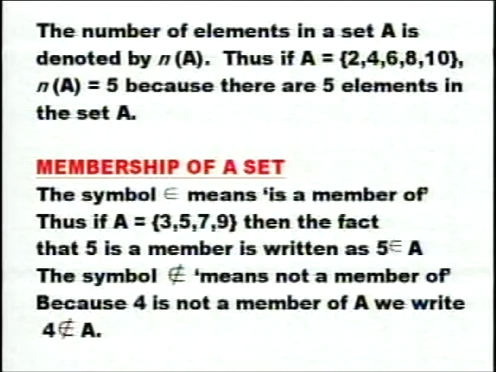That's 1, 2, 3, 4, 5. So the n outside and the letter that represents the set will give the number of elements in the set. Is that clear? You're going to learn quite a few notations in this topic, which is good. Now you will know what these signs mean when you see them.